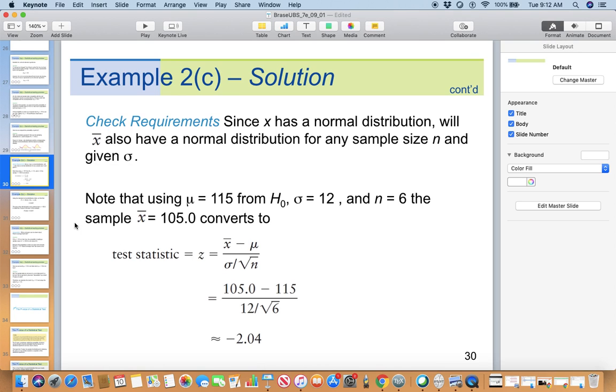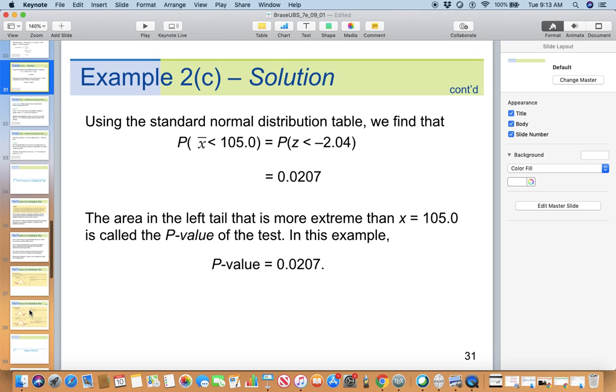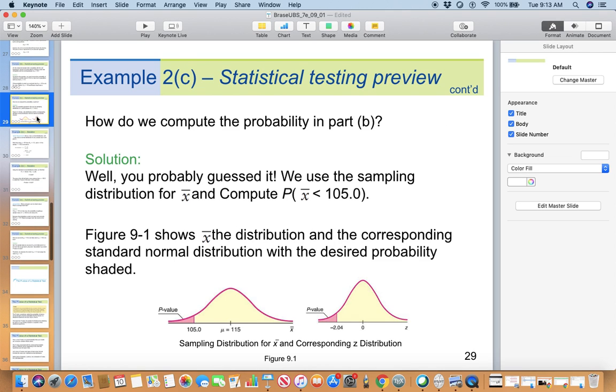Using this formula, notice probability of x bar less than 105 is the same as probability of z value less than negative 2.04, which is 0.0207. The area in the left tail that is more extreme is called the p-value of the test. So looking at the picture, you are looking for this area, this tail. It's called the p-value.